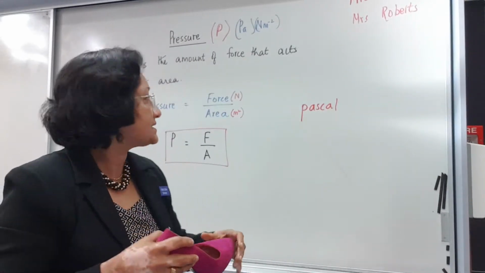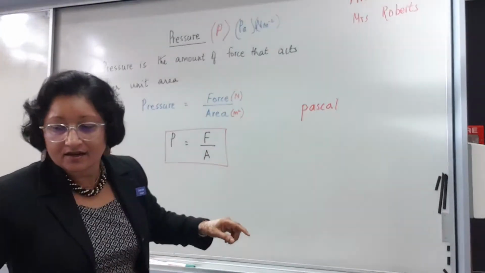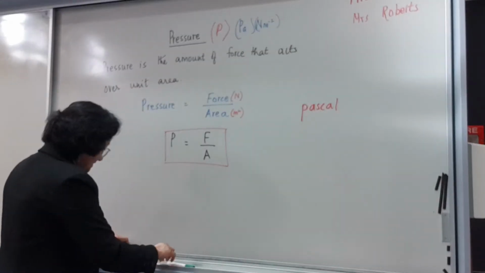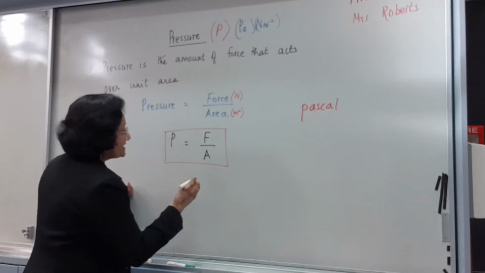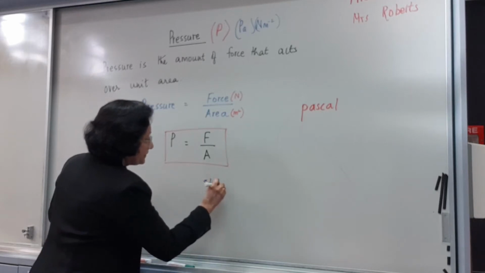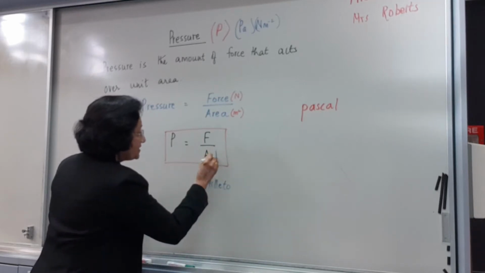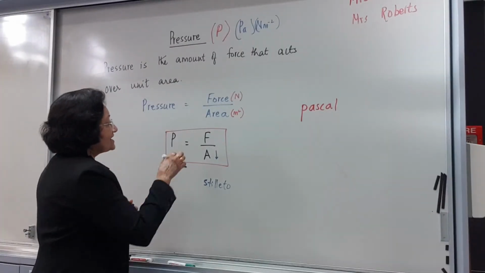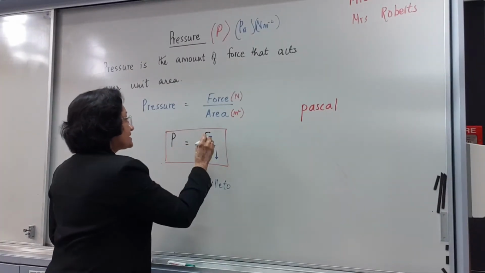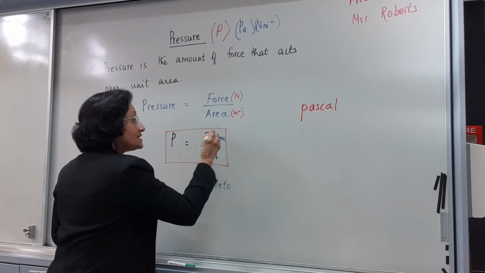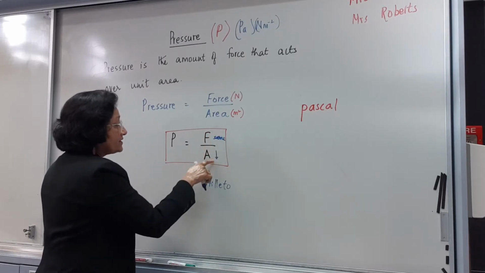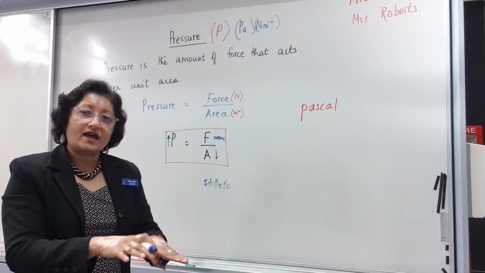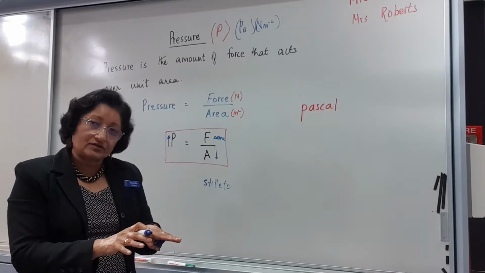So when the area in contact reduces, for a stiletto the area of the sole in contact with the ground is less. It's the same me, the same person, so the force is the same. So when the area becomes less, the pressure exerted becomes more, and you're going to be sinking down, okay?